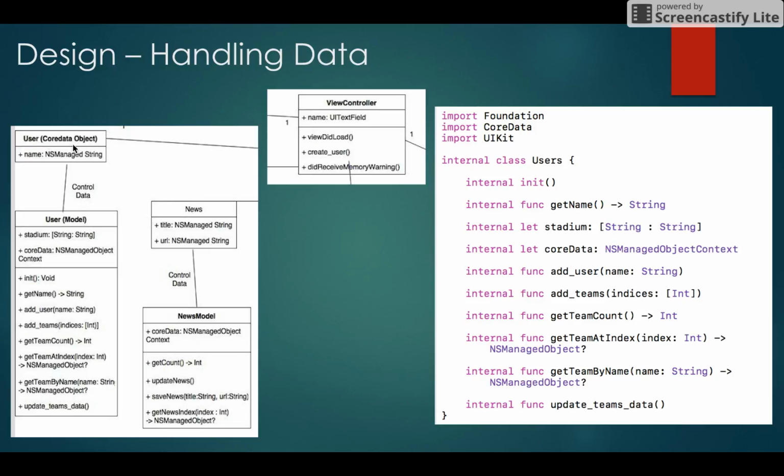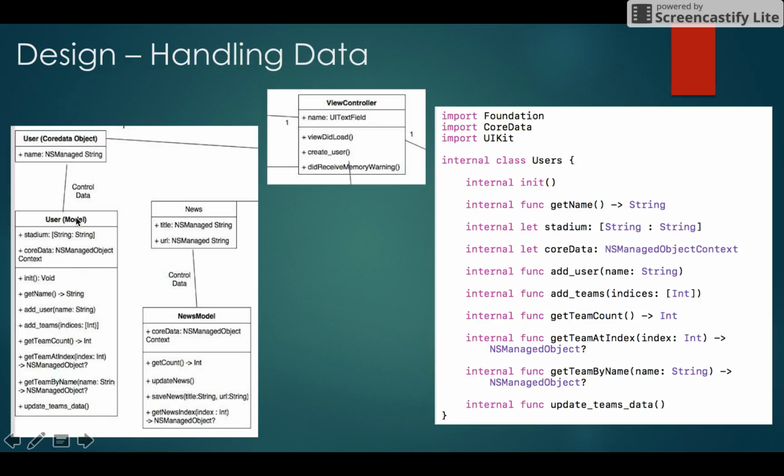These will save the user information. For example, user will have a variable called name. This will save the user name, so next time when they open the app, they don't have to enter the name again. All they have to see is the welcome: oh, welcome, Hung, to the app again.